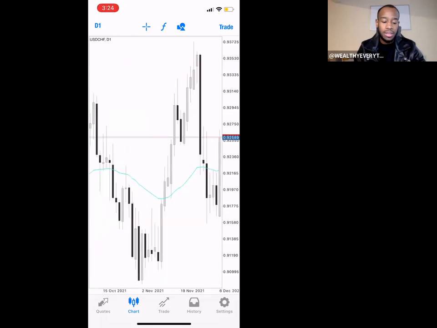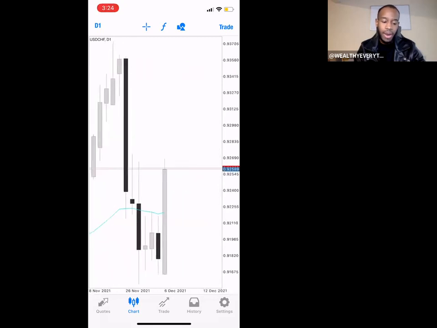When you look at this candle right here that we're currently on, this is today's candle and it's still alive, meaning the day has not even ended yet. But this candle here for USD-CHF, this black candle going to the downside, was Friday's candle.